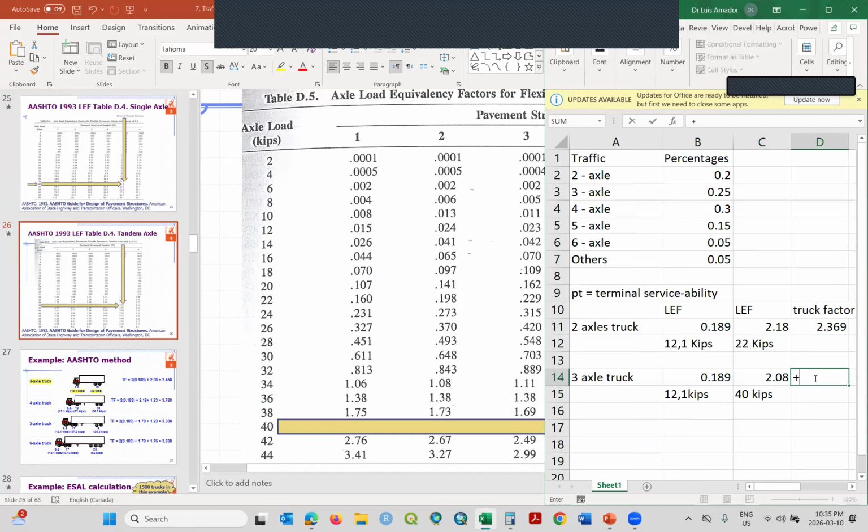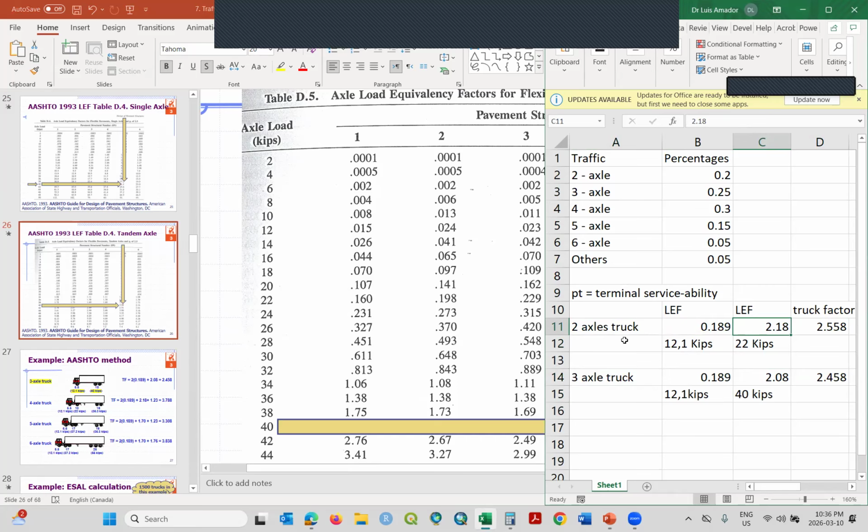And the truck factor will be 2.08 plus 2 times the 0.189. Actually, here is also 2 times, right? Now, do you notice how the three-axle truck has 40 kilopounds on the axle on the back and produced 2 units of damage? The two-axle truck has 22,000 and produced the same amount of damage.